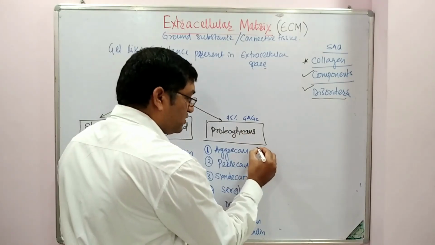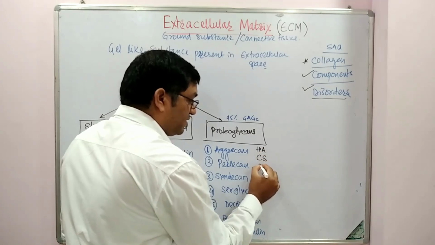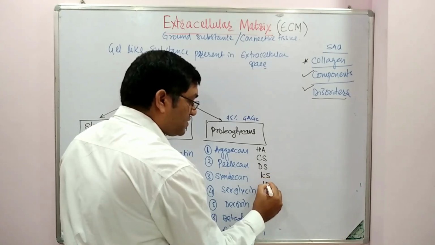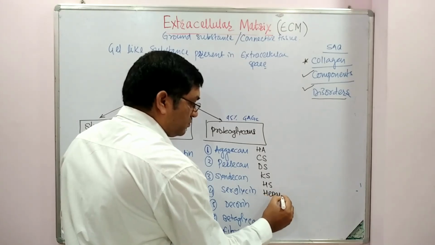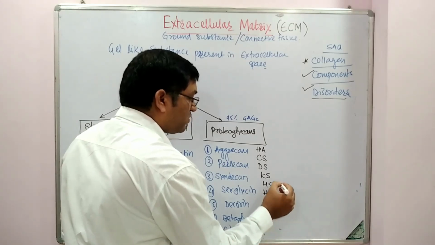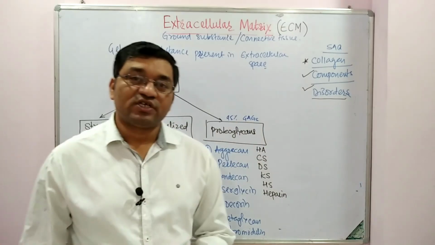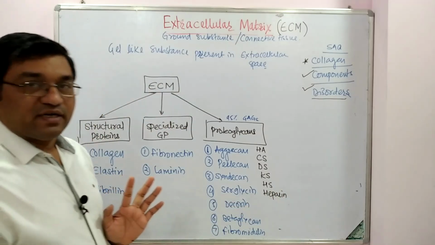This includes hyaluronic acid, chondroitin sulfate, dermatan sulfate, keratan sulfate, heparan sulfate and heparin. These are the various glycosaminoglycans involved in the formation of extracellular matrix. So these are the components of extracellular matrix.